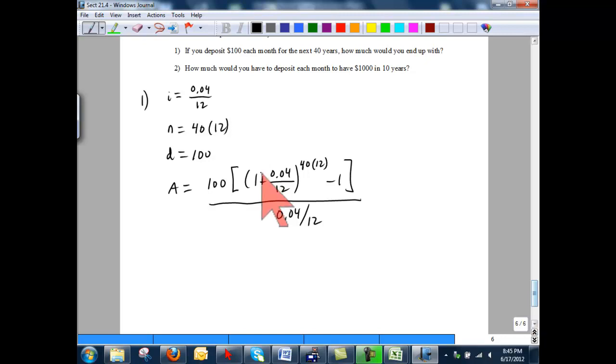You can enter these various parts individually and write things down as you go, and I don't entirely object if you do that. So for example, I could type 1 plus 0.04 divided by 12, write that down. I could take 40 times 12, write that down, and so on. One problem with that is every time you write something down, you're probably not going to copy all of the digits in your calculator, and so you're rounding each time.